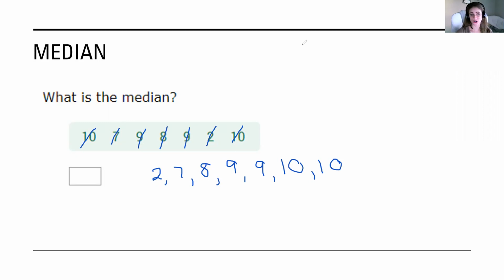I once again like to cross things off. Numbers get way too jumbled in my head if I don't stay organized. I'm going to cross 1 off from each end and keep going until I reach the middle, which happens to be 9. Therefore, our median of this data set is 9.